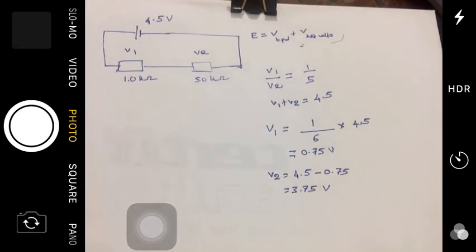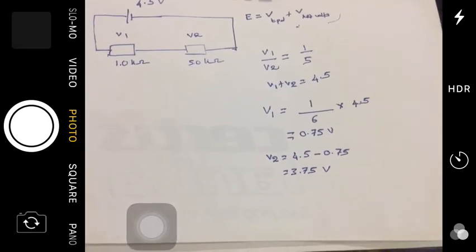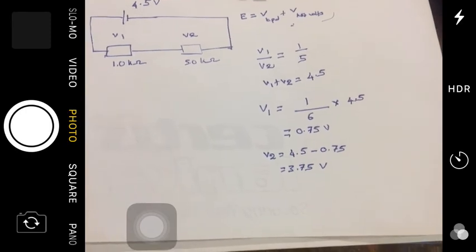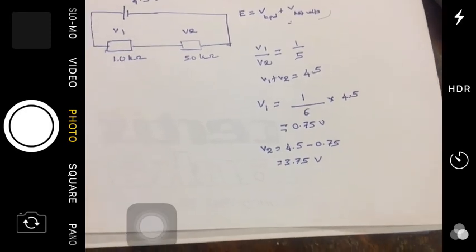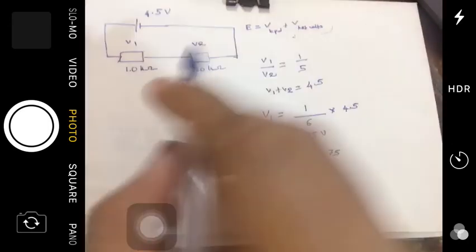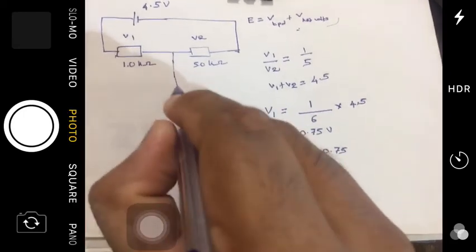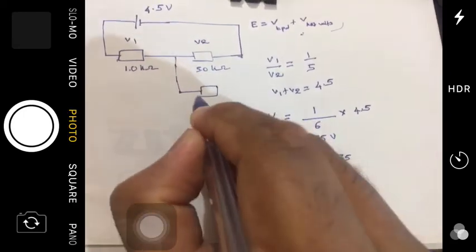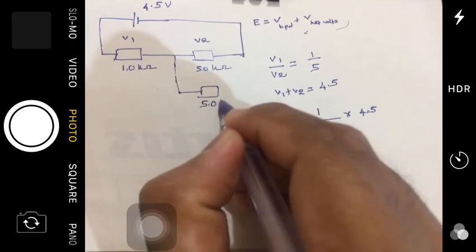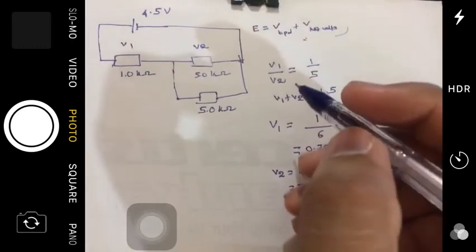Then they are saying that a second 5 kilo ohm resistor is connected in parallel with the existing 5 kilo ohm resistor. So now what we are going to do is connect another 5 kilo ohm resistor here in parallel.